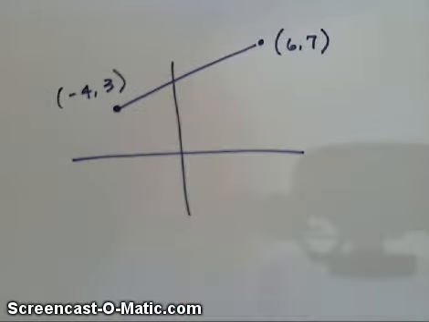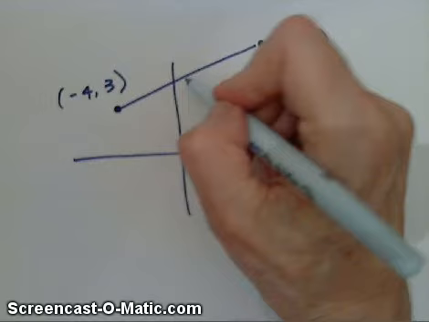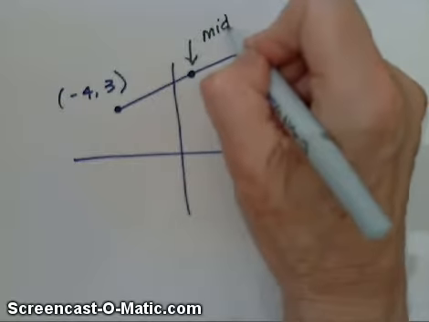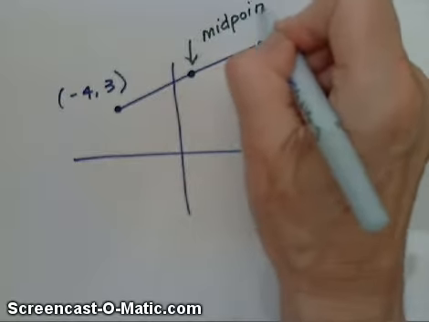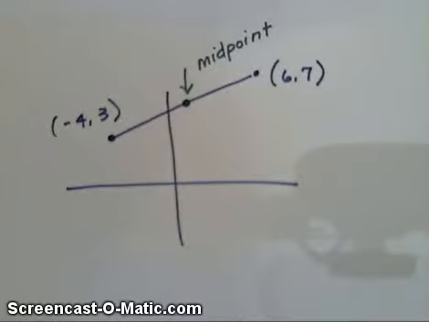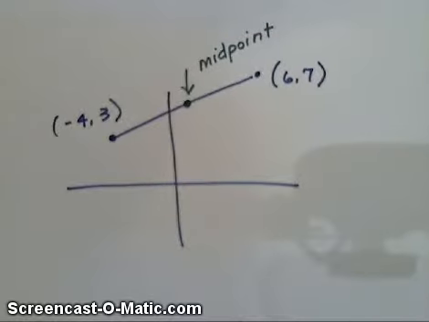It is not hard for you to envision a midpoint, a point literally in the middle, a midpoint. Now, to find the midpoint is just like finding the average when you've had 2 test grades. You're going to add them up and divide by 2. So we're going to take our 2 x's, which are -4 and +6, and we're going to add those together and we're going to divide by 2.